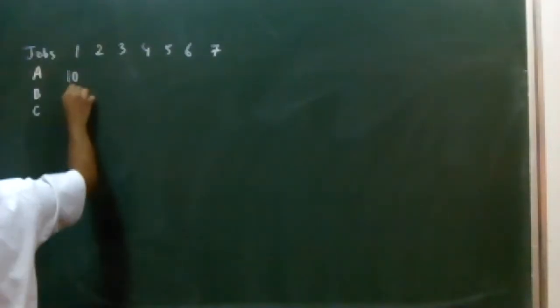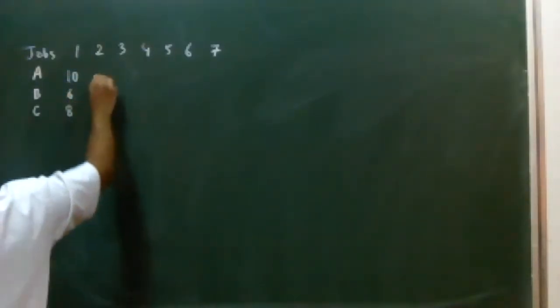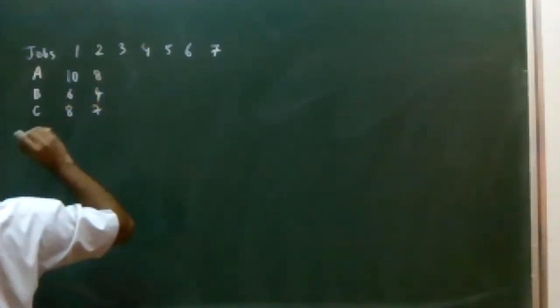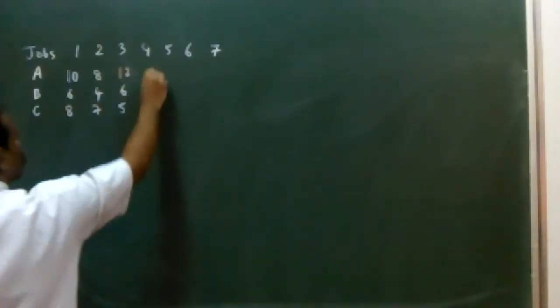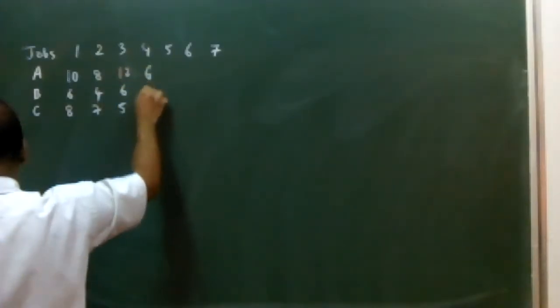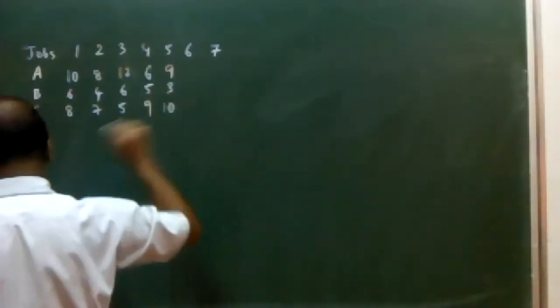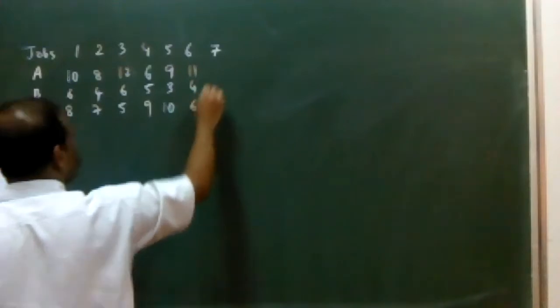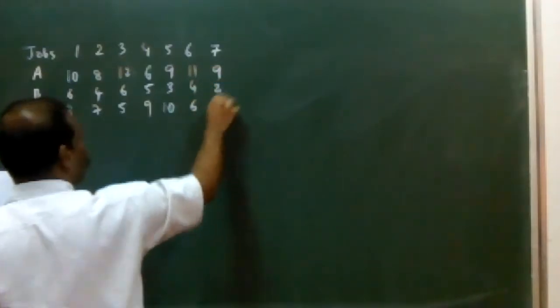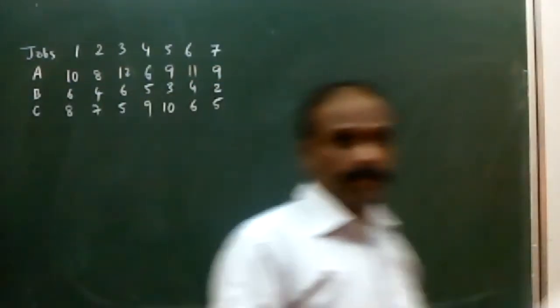The processing times are 10, 6, 8, 8, 4, 7, 12, 6, 5, 6, 5, 9, 9, 3, 10, 11, 4, 6, 9, 2, and 1. Okay, this is the data given.